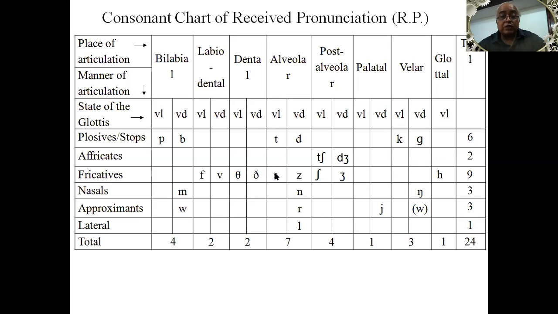Then we have the sound eth. Eth is a voiced sound because the vocal cords are held close together, and when the air passes through, there is a lot of vibration in the vocal cords. So the first criterion is the state of the glottis, so it is voiced.